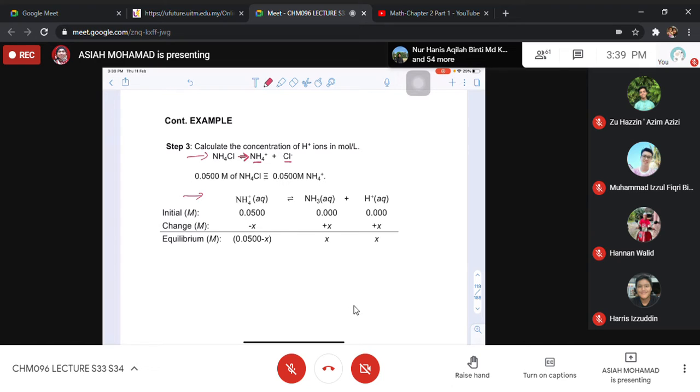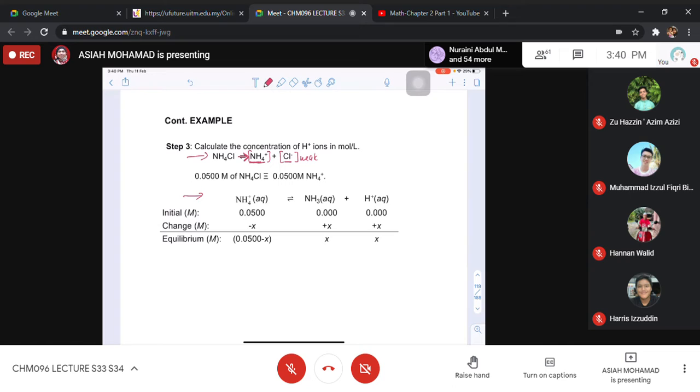In this case, NH4 plus will further hydrolyze in water because it is conjugate to a weak base, so its nature is a strong conjugate. Because it is conjugate to a weak base, it is strong. Cl minus is the conjugate base of a strong acid, so it is weak. That's why it does not further hydrolyze in water. Hopefully you can remember that.